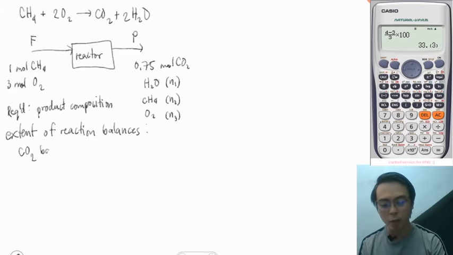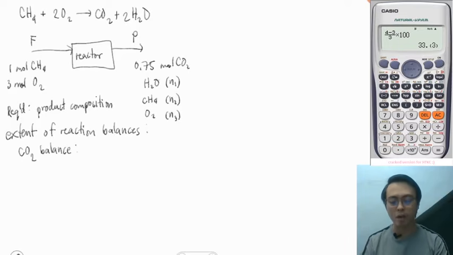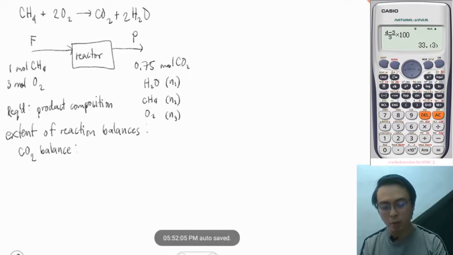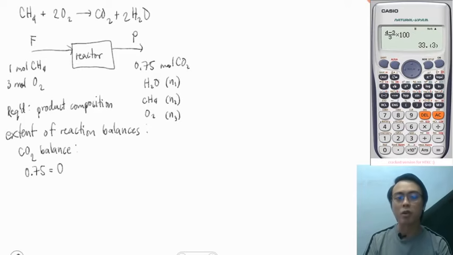If you take a look at our diagram, there is no CO2 in the feed, therefore the value of N input is 0. There is CO2 in the product, that's 0.75 moles, so you already know its output value. So we can directly solve for the extent of reaction. For the CO2 balance, output 0.75 is equal to input 0, plus or minus.